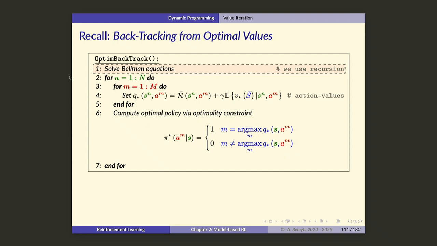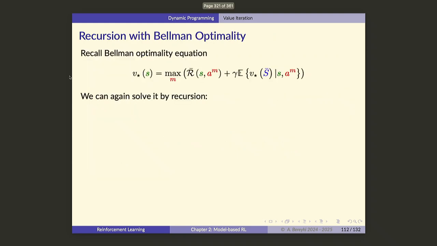I guess it makes total sense to you, right? It's very obvious how you can do it, right? So yeah, this is the Bellman optimality equation. The optimal value in one particular state S depends on the optimal values at the other states using this equation, right?